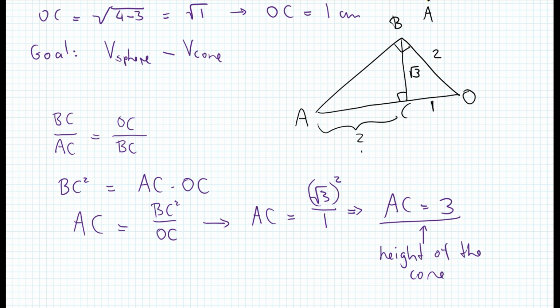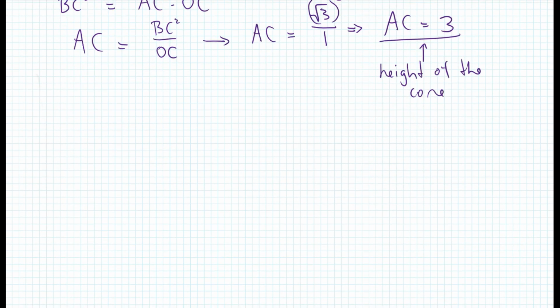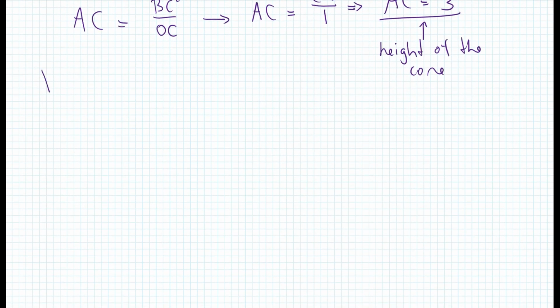That's great because we have the height of the cone, we have the radius of the cone, and the radius of the sphere, and we can just substitute it in this formula here and obtain the result. So let's first write the volume of the sphere. The volume of the sphere, we know, is 4/3 pi r cubed. So all we need to do is substitute here.